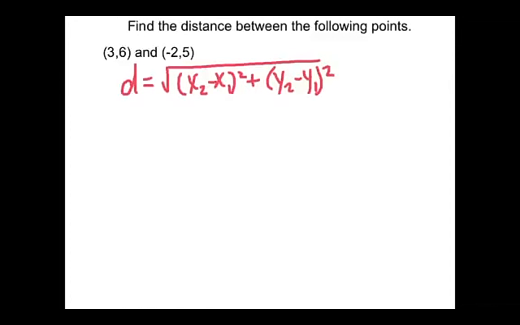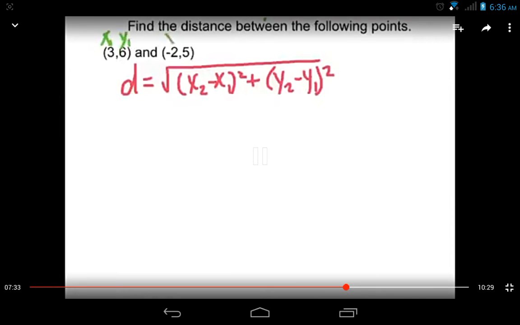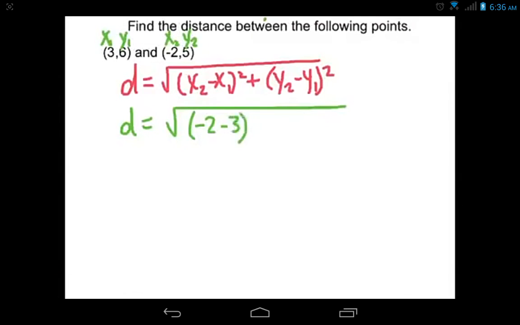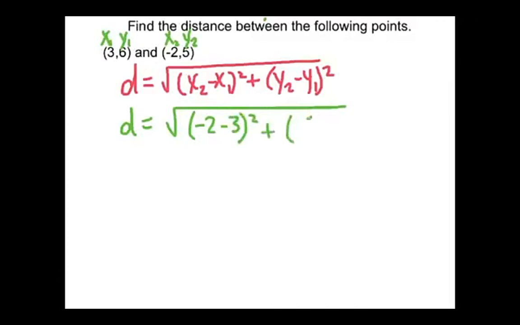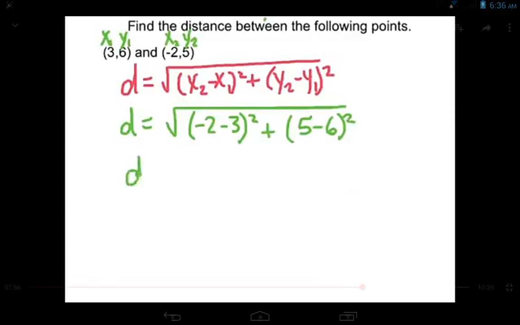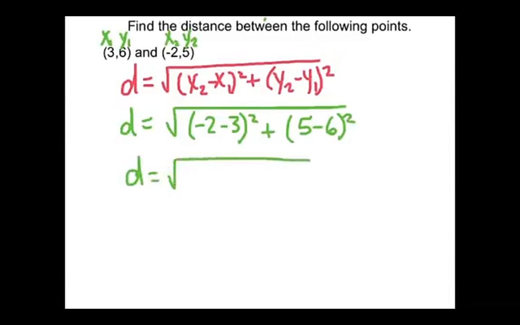Next, we fill out what's our x1, x2, y1, y2. Next, we will write ours: (-2 minus -3) squared plus (5 minus 6) squared. Next, we get this. Okay.